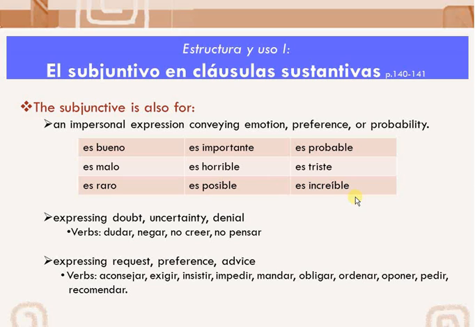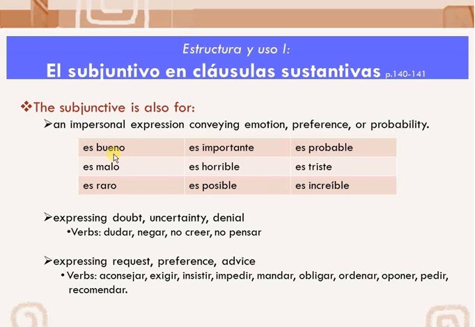The subjunctive is also used for an impersonal expression. What is an impersonal expression? In English, an impersonal expression is when you say, it's a good idea that, it's good that, it's bad that, it's weird that.